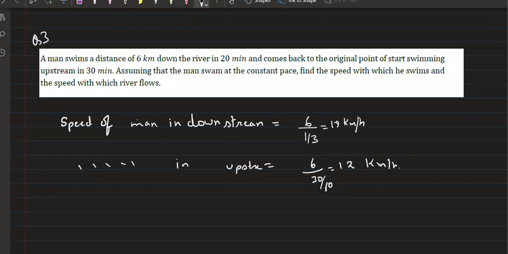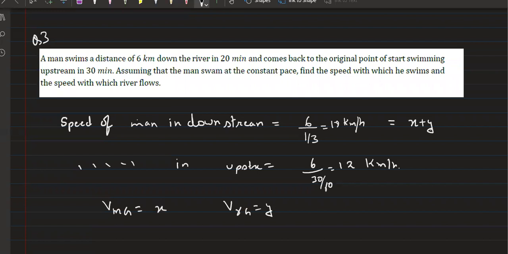And we know that, let's suppose the velocity of man with respect to ground, better to say velocity of man with respect to ground, let it be x. Or velocity of river with respect to ground, let it be y. So when you talk about downstream, it will be x plus y, right?